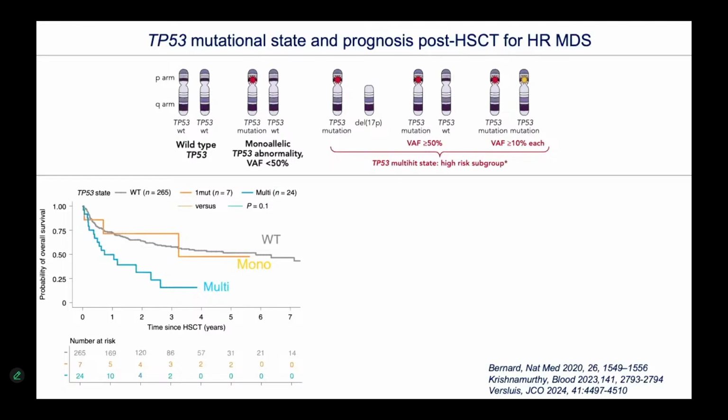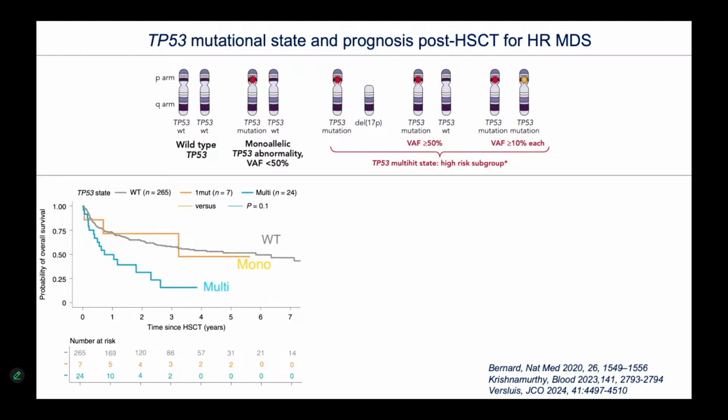And we know that P53 mutational state is complex, and it's not just whether you have or don't have P53 mutation, but is this a monoallelic or a biallelic abnormality? And as I'm sure you will be aware, there is a clear definition of the TP53 multi-hit state, trying to understand whether someone has monoallelic disease or whether, based on both karyotypic and also gene mutational changes, someone has either a single hit to their P53 or more than one.